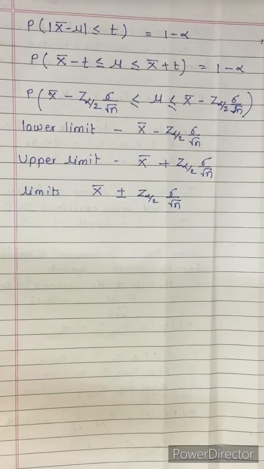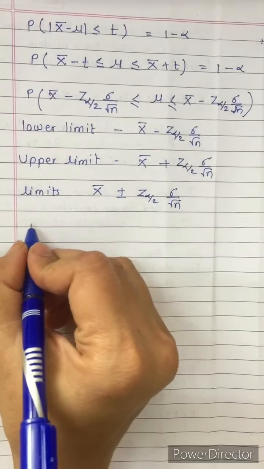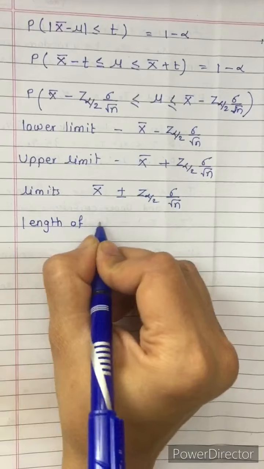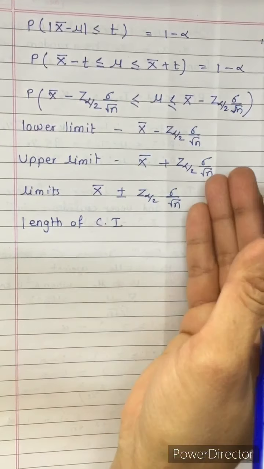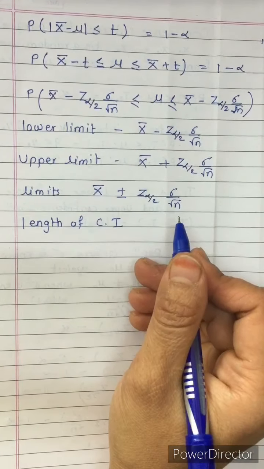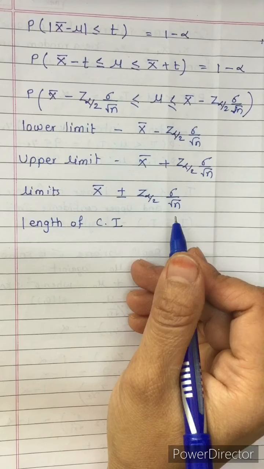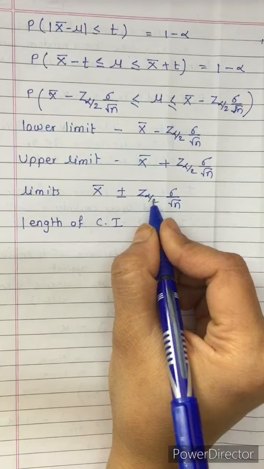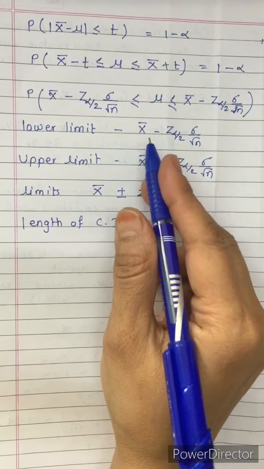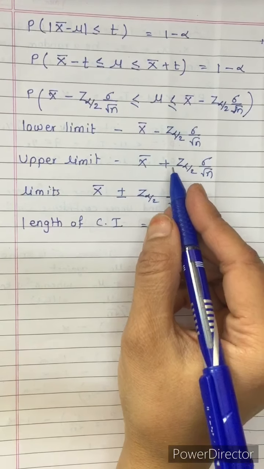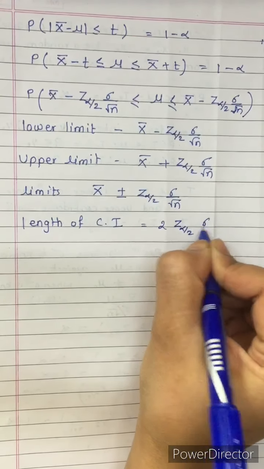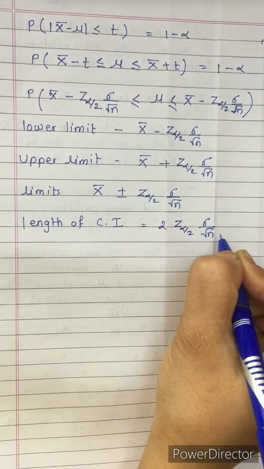Okay, and the length of the confidence interval we can calculate by upper limit minus lower limit. So it will become upper limit minus lower limit, x bar will get cancelled, and here we have 2 times z alpha by 2 sigma by root n.